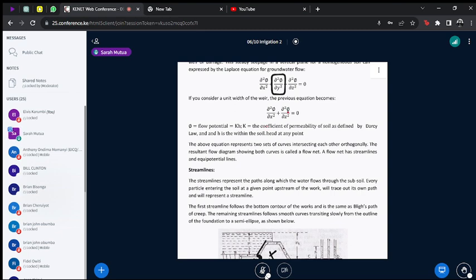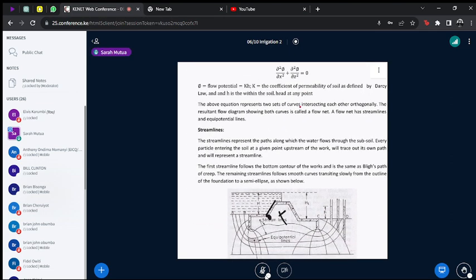So the flow potential here is KH. K is a constant, so in this equation it would occur outside the differential operator. So it would be K d squared H dx squared plus K d squared H dz squared.